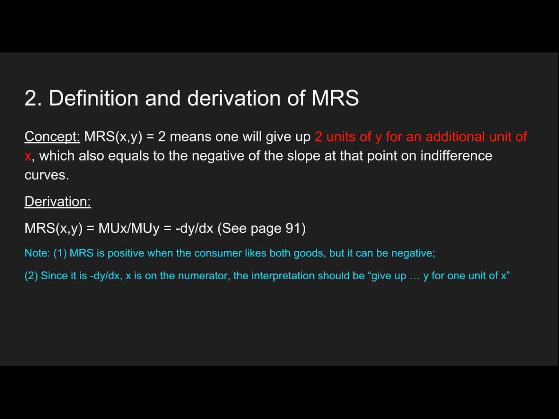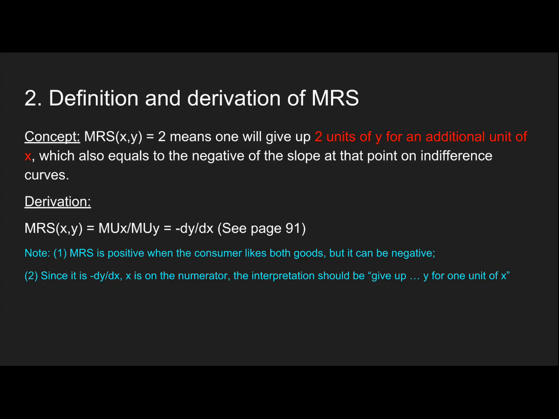And the second big point will be the definition and the derivation of MRS. I stated this wrong yesterday, so I have to correct myself. If the MRS xy equals 2, it means one will give up 2 units of y for an additional unit of x.